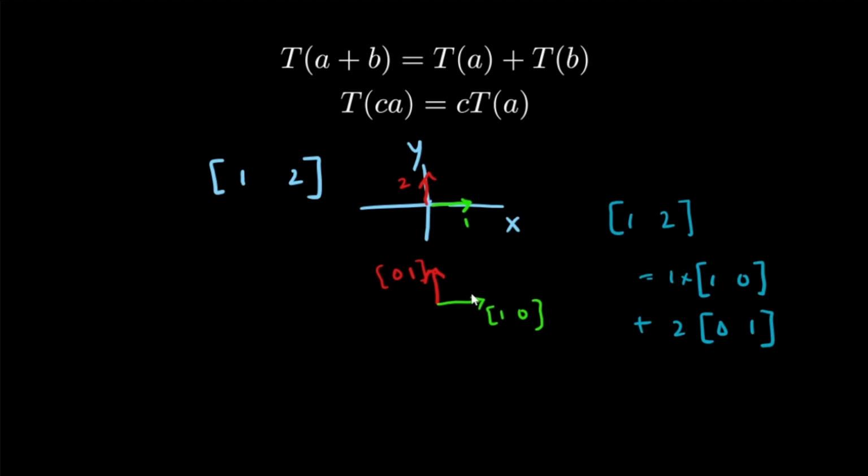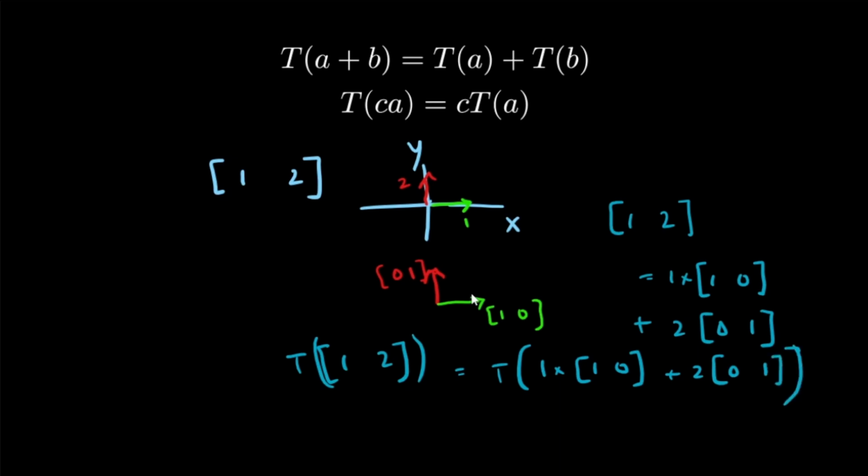So when a transformation is applied on this vector 1, 2, the transformation applied on vector 1, 2 can be written as the transformation applied on 1 times the x basis vector plus 2 times the y basis vector. Now, based on the linear transformation condition, we can write this as 1 times the transformation of 1, 0 plus 2 times the transformation of 0, 1.